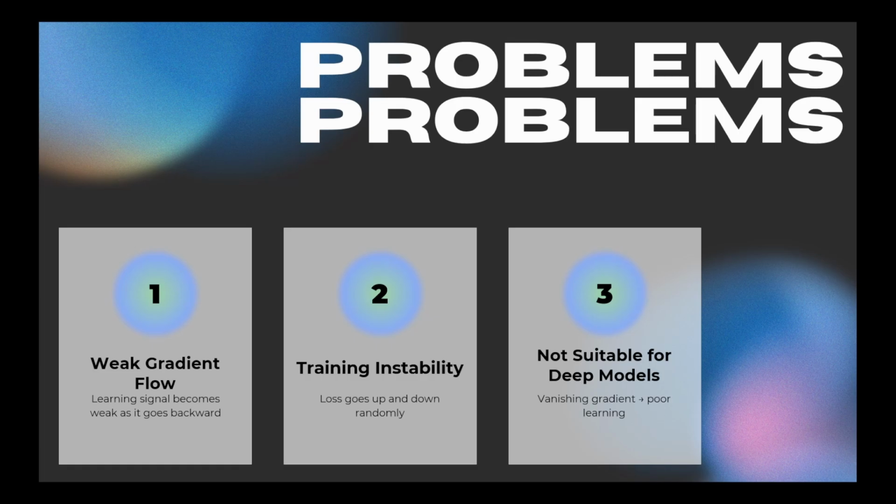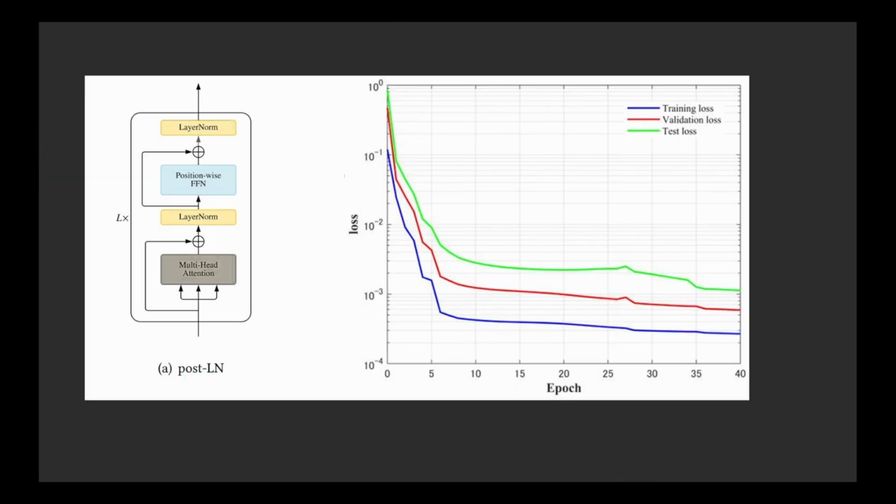Now let's see in detail. Here is the architecture, and I am trying to make you understand the place of layer normalization. Here we compute the loss and the gradient, and y hat is a function of the weights. It goes backward.